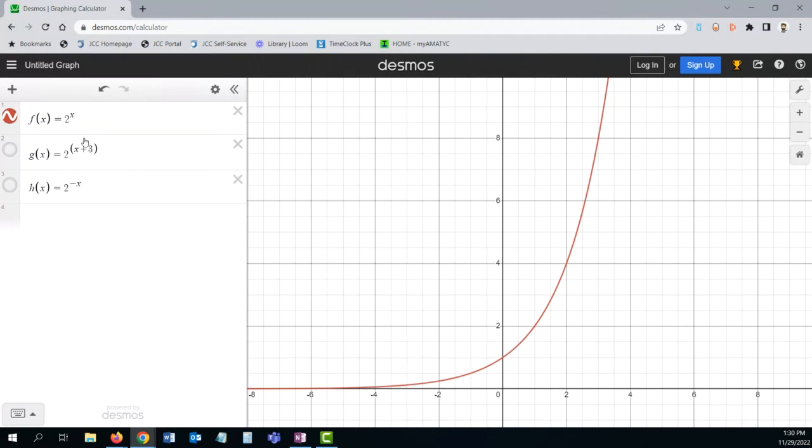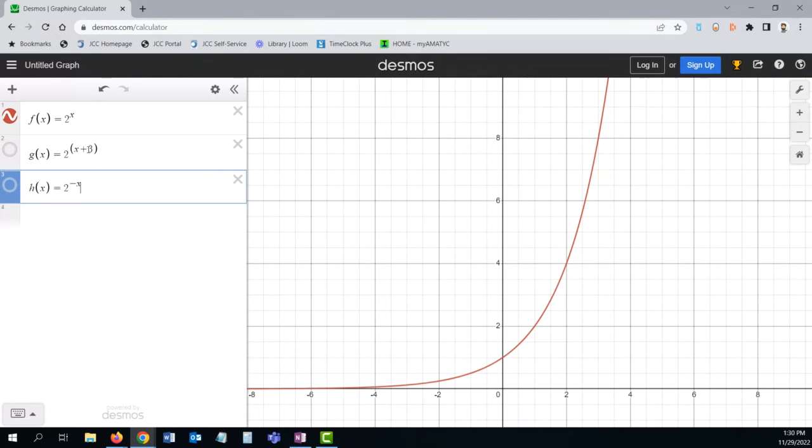Now, if I manipulate, just like our transformations that we dealt with before, we talked about I can change the inside, I can change the outside, and then I can put negatives, and negatives on the inside and outside change the behavior. So 2 to the x plus 3. The inside, in terms of transformations, is the exponent.